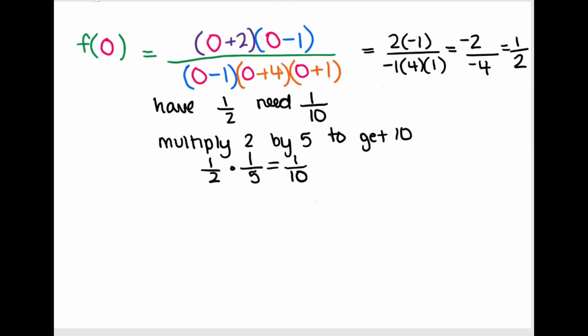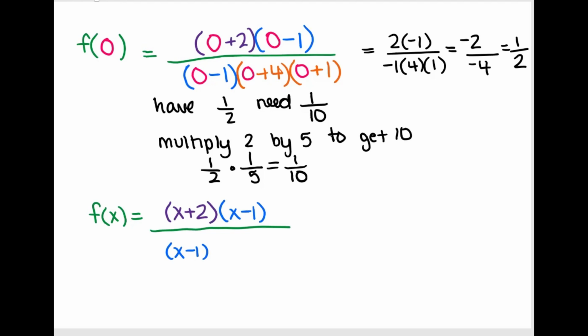So adding the 5 into the denominator, we're going to have f of x is equal to x plus 2 times our x minus 1, and our x minus 1 starting us out in the denominator. I'm just copying all of our factors down that we already had.